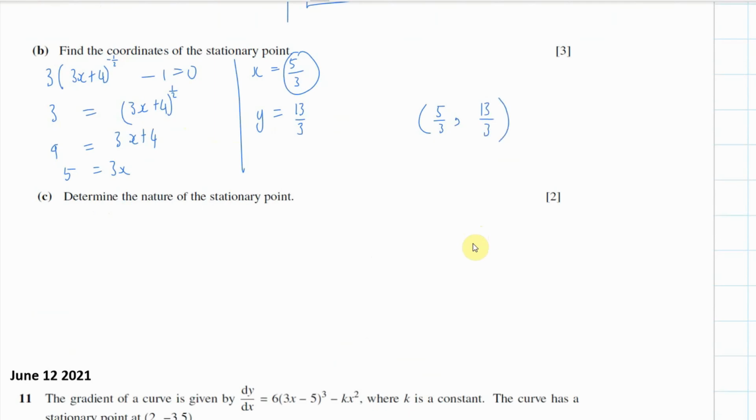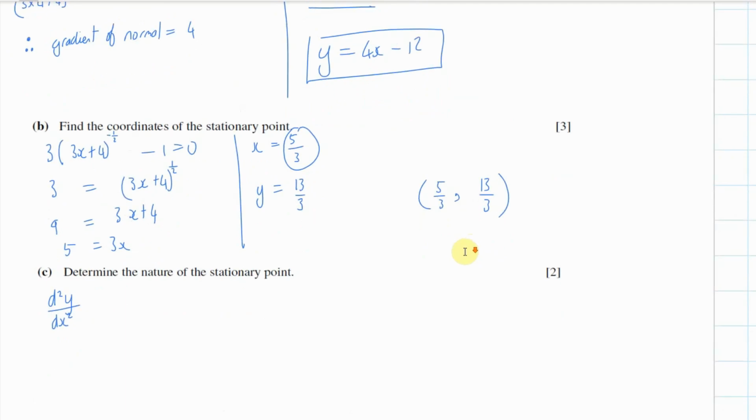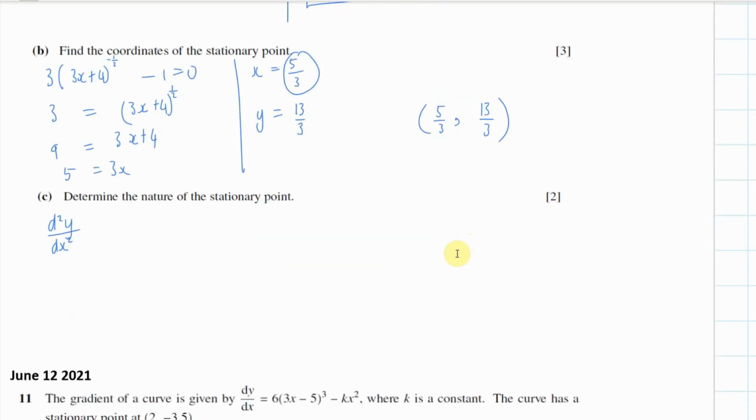Determine the nature of the stationary point. So a couple of ways of doing this. I'm going to find the second derivative. So I'm going to differentiate the dy/dx. Now this is dy/dx there, isn't it?